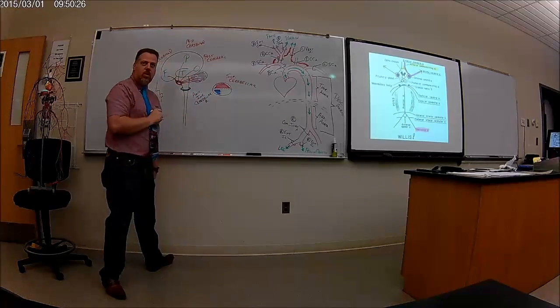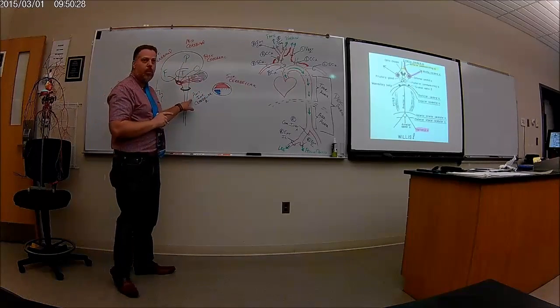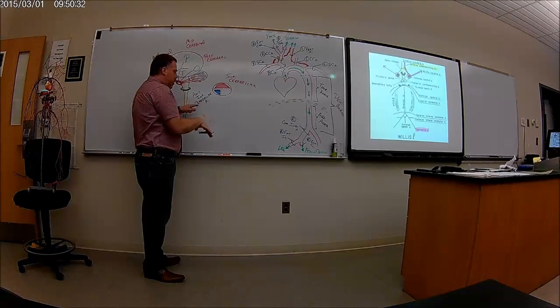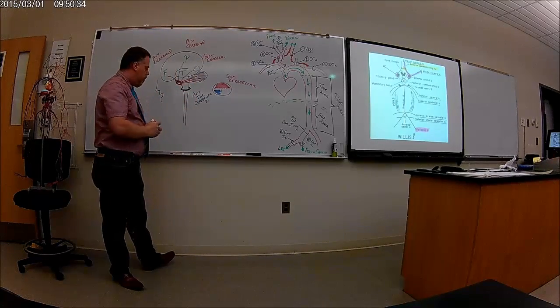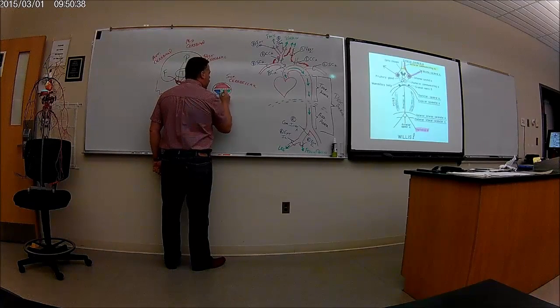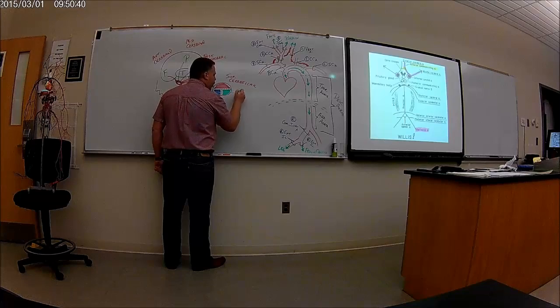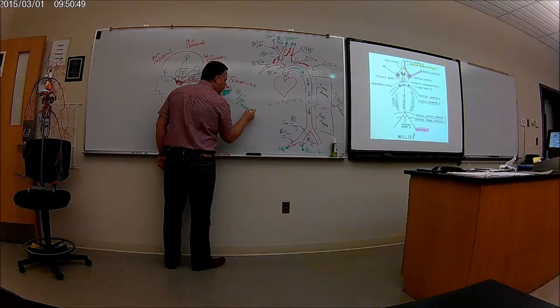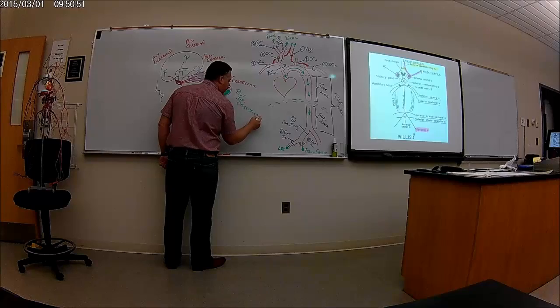Does that make sense? Right? That's chapter 1 stuff. Anterior inferior cerebellar. So, what do you think this one is? Posterior inferior cerebellar artery.